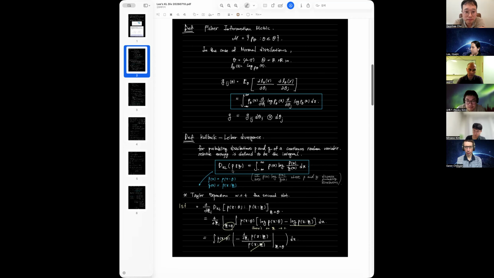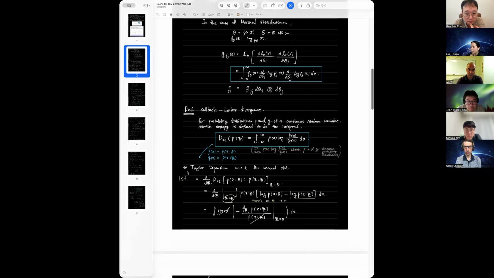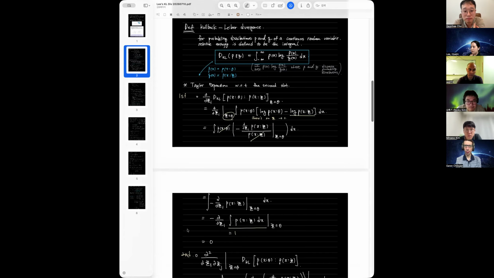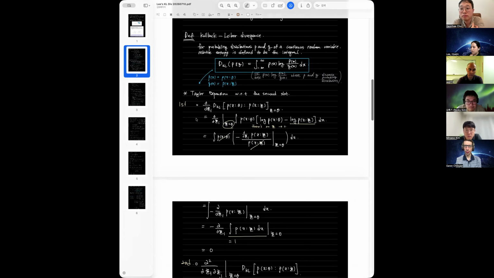The KL divergence of P from Q is like this for continuous probability distributions. I computed the Taylor expansion with the first derivative and the second derivative. The first derivative is computed like this.